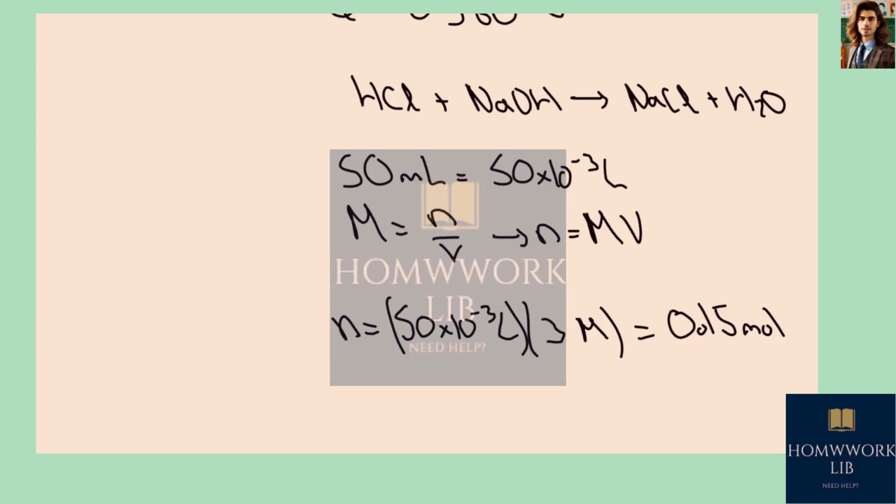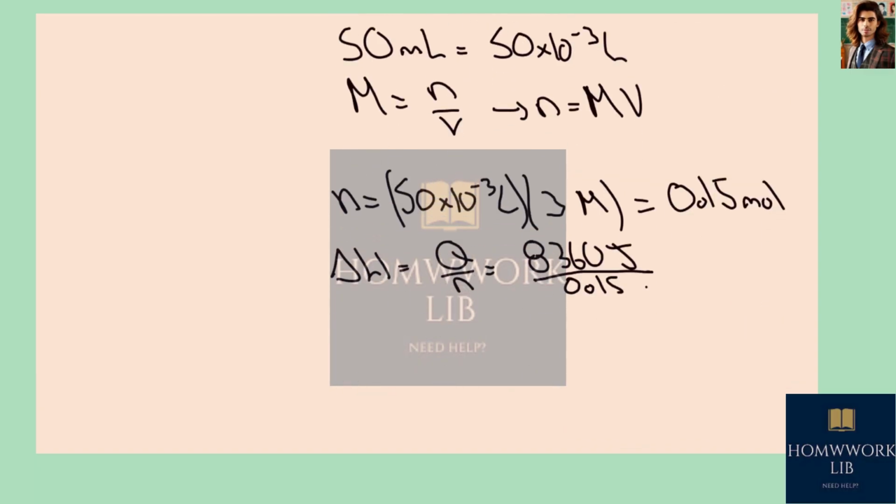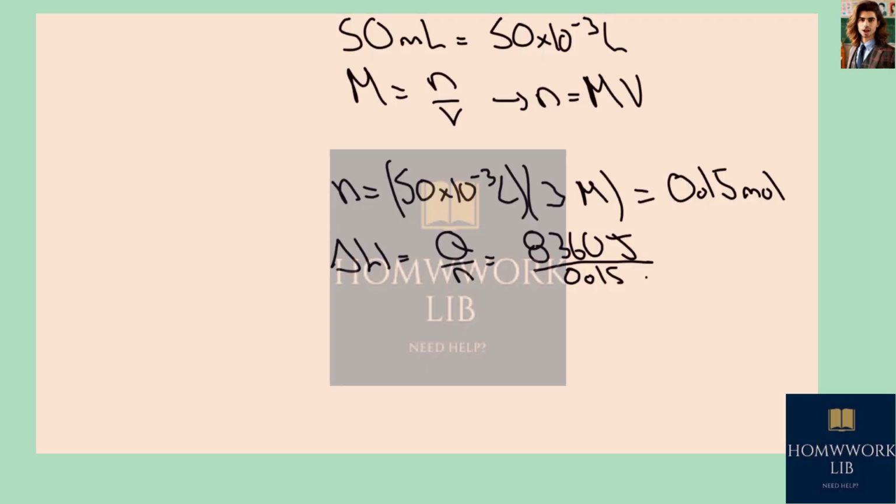So the result for delta H is going to be equal to the heat release divided by the amount of mole. So the heat release, we said that was equal to 8,360 joules. This is released by 0.15 mole.